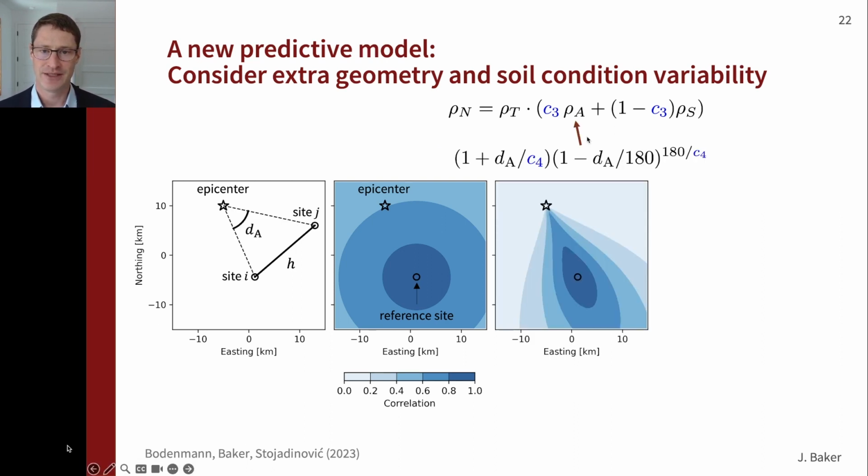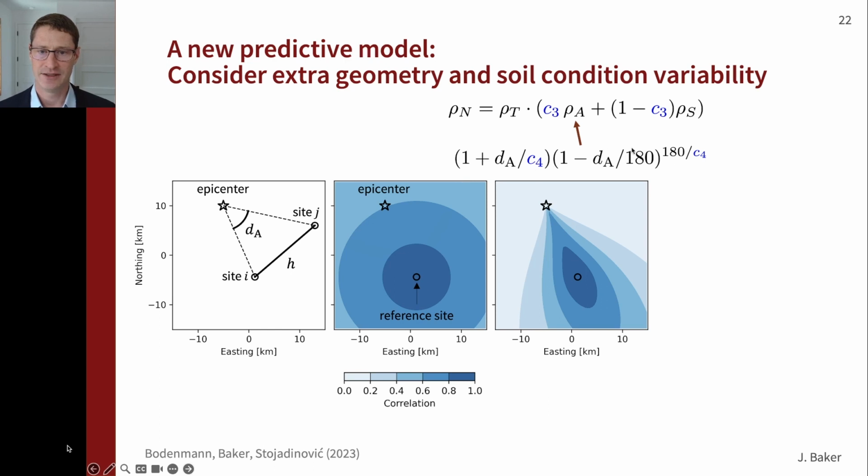Now we're going to add to it an azimuthal dependence term. So the extra predictor parameter here, this dA, if we look over on the left panel, this is going to be the azimuthal angle from the earthquake epicenter to the two sites. And so when those two sites are in a similar direction or orientation relative to the epicenter, that dA is going to be small, and we'll use that as a predictor variable.